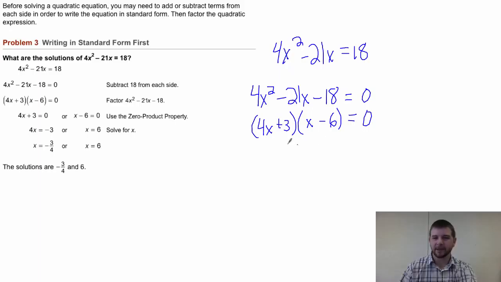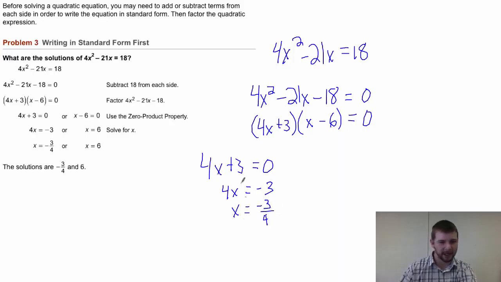Now, what values of x make this equation true? First, consider what values of x make the left binomial equal 0. Well, we can set up the equation, 4x plus 3 equals 0. Subtract 3 from both sides to find that 4x equals negative 3. Divide both sides of the equation by 4 to find that x equals negative 3/4 to be one of our solutions.